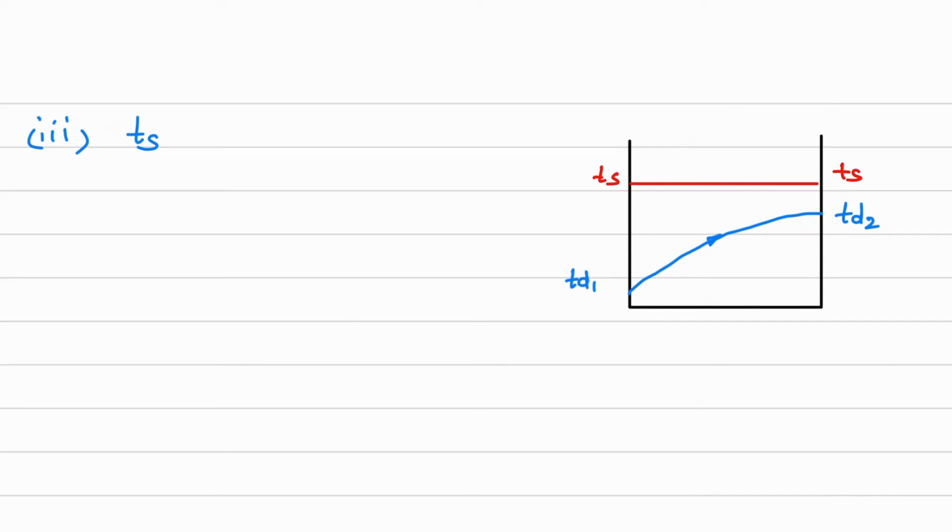So what will be the coil bypass factor equation? I can write the bypass factor, BPF or CBPF, coil bypass factor, equal to TS minus TD2, divided by this temperature difference, TS minus TD1.